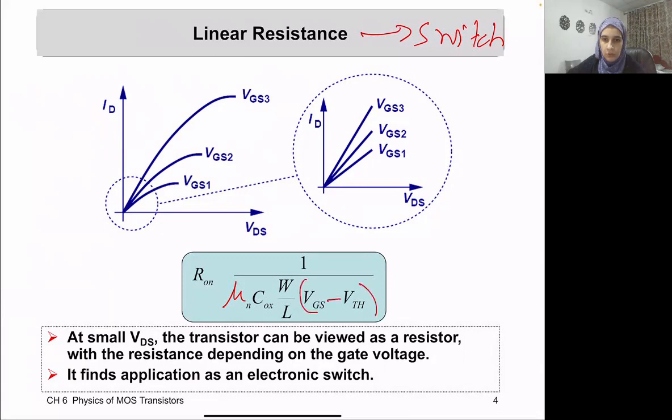I think mu and COX are missing here; there is a typo in this relation, I'll fix it. Normally at small VDS, the transistor can be viewed as a resistor with a resistance depending on the gate voltage, VGS. We use it as an electronic switch in multiple applications.